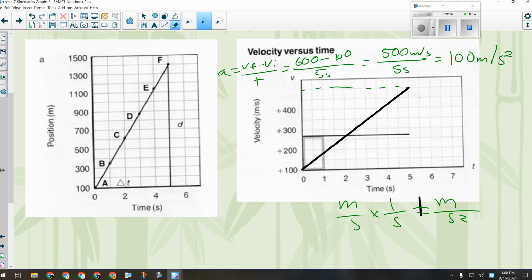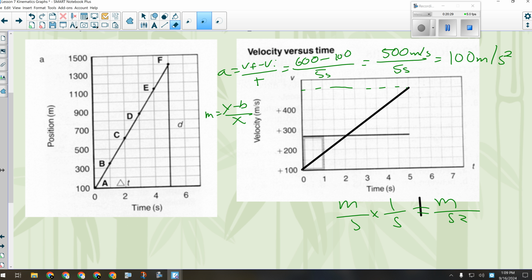Now, I calculated the acceleration of this object. What did I calculate about this line? The slope. Yeah, I just calculated the slope of that line, right? Look at how this formula sets up. It sets up just like the slope formula, because it is that one.